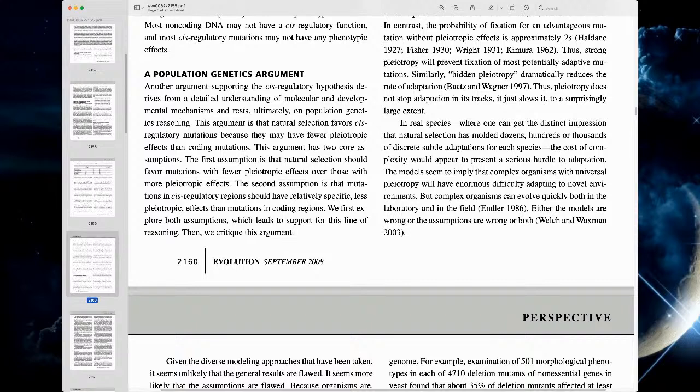Let's see. The argument is that natural selection favors cis-regulatory mutations because they have fewer pleiotropic effects than coding mutations. Okay. Let's see. Like I said, I can barely make it out. Some of the letters aren't showing up for me.